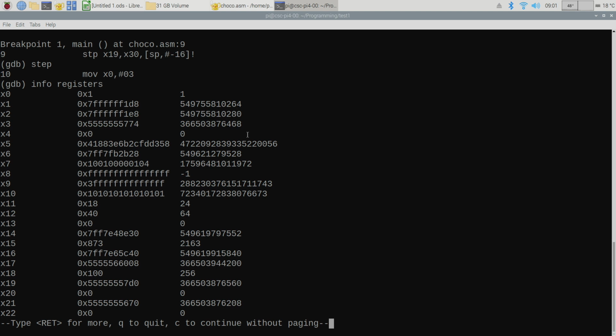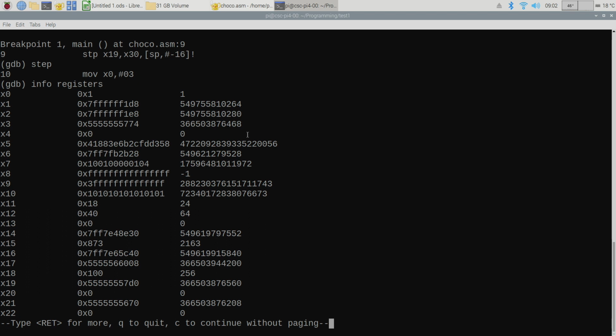When I do the info registers, it's going to be spitting out a whole bunch of stuff. A lot of this is garbage that we can ignore, because what real registers do we care about right now? Probably just 0, and then maybe 0 and 1 at some point. There's all sorts of gobbledygook in various places.